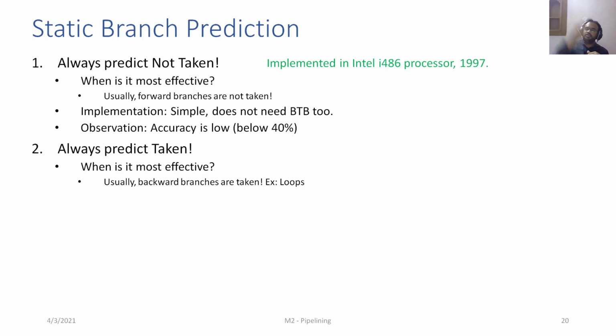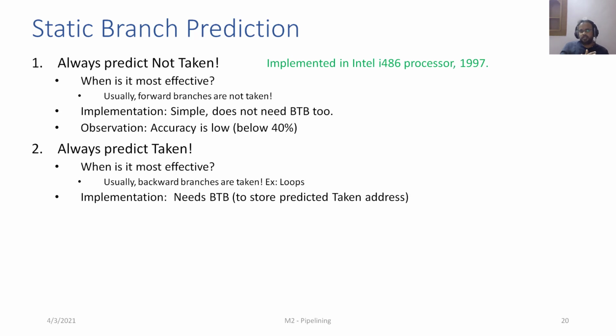So it is a backward branch. And if there is a loop, let's say iterating 100 times, right? So for 100 times, when we say that the branch will be taken, it means that 100 times we have predicted it will be taken. The 101st time it will not be taken. So the accuracy is 100 upon 101.